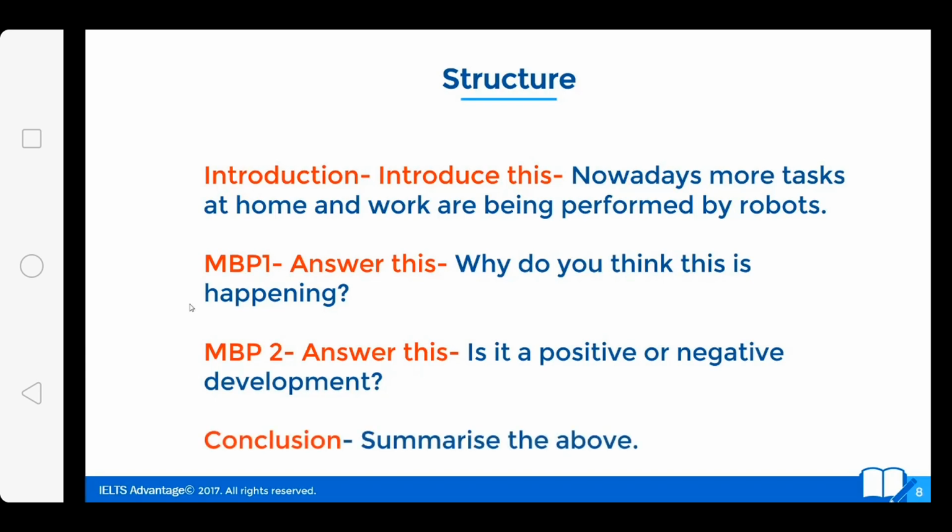And then your conclusion is, here's a summary of what I just talked about. So introduction, here's what I'm going to talk about. Main body, here's what I think about these two questions. Conclusion, here's a summary of what I just talked about. And if you break things down in that way and make them simple and easy to understand, they're simpler to do on test day. And that's my goal for you guys this week.